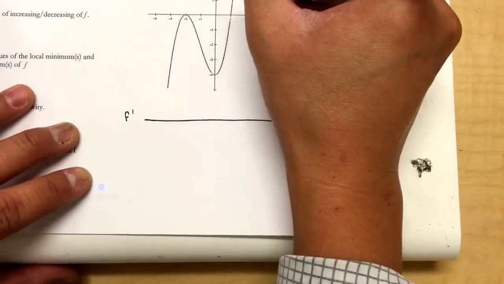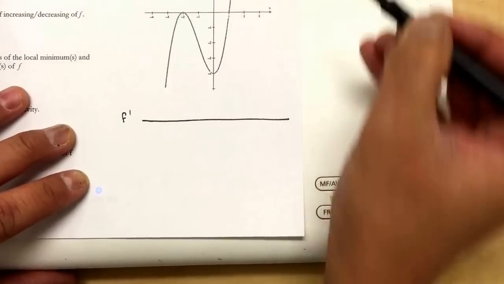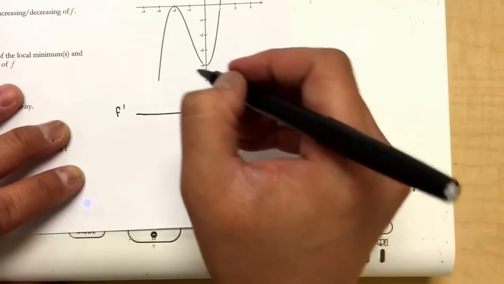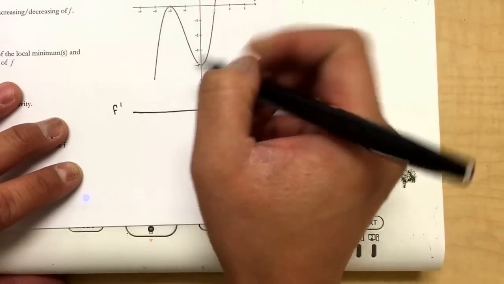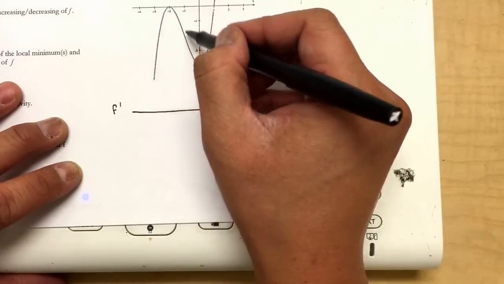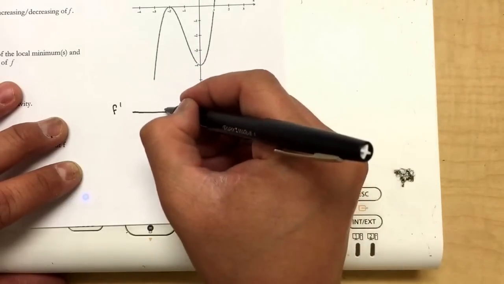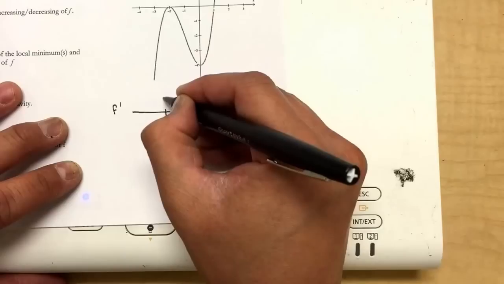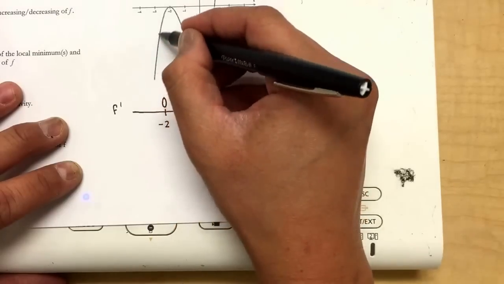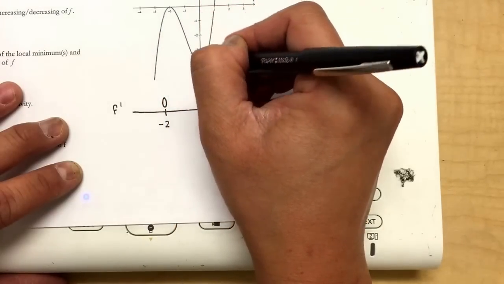Again, since this is the graph of f prime, we know that the critical points are where f prime crosses the x-axis. So -2 would be a critical point because that's where f prime equals 0.